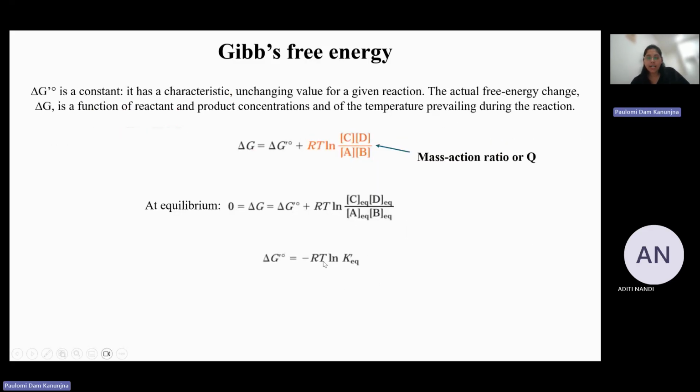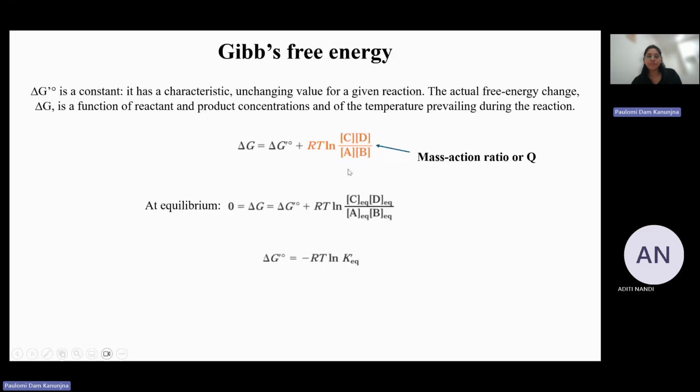Delta G naught is equal to minus RT ln Ke, which is at equilibrium and in standard condition. That's how you connect all the dots. But if you are to calculate the delta G in a living system or in a biological system, this formula here is what you need to use.